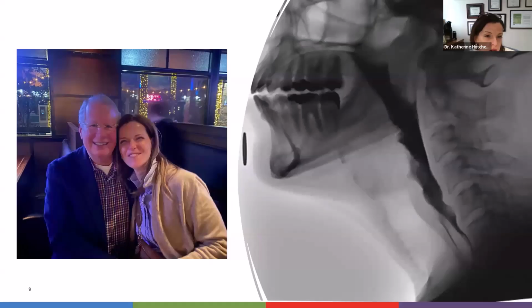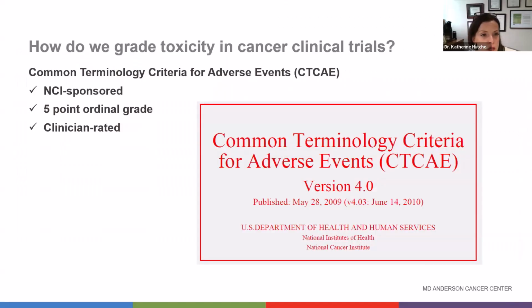And he said, yeah, but oncologists don't know how to interpret the results that you guys put into your swallow studies or into your research. And so that got me thinking about how oncologists think about the side effects of cancer. And in cancer, side effects are referred to as toxicity.